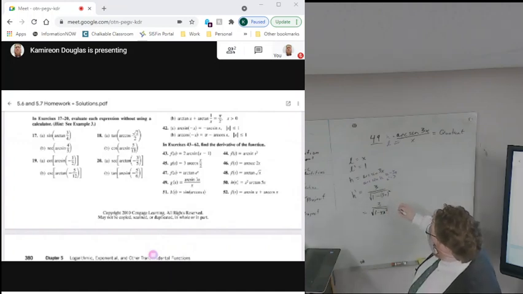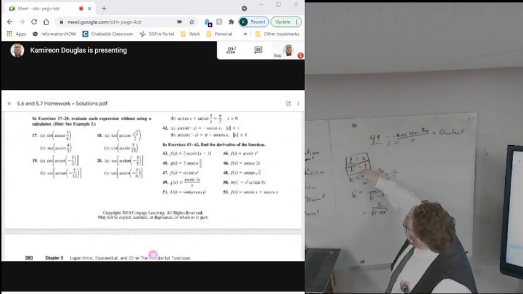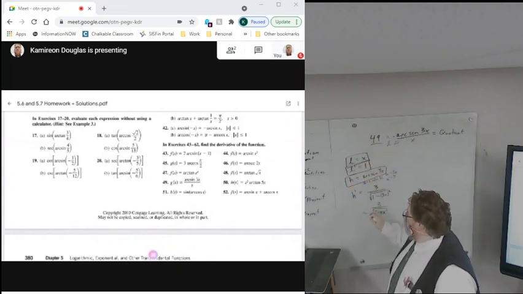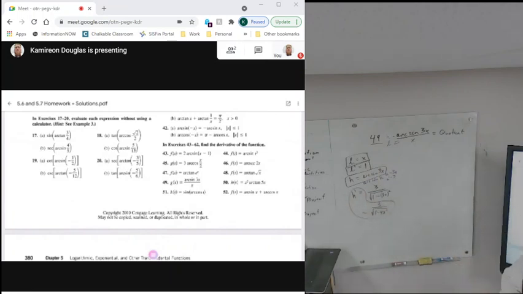So I now have my four pieces. I have my low, low prime, high, and high prime. I then plug into the quotient rule.